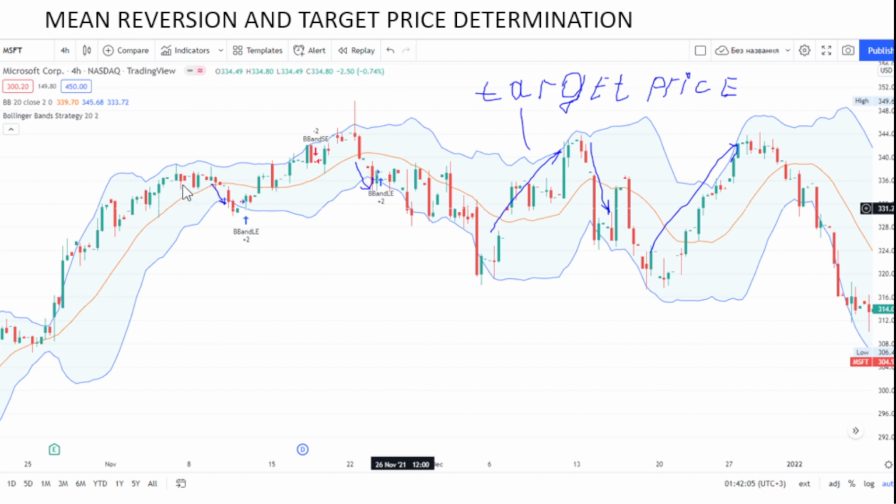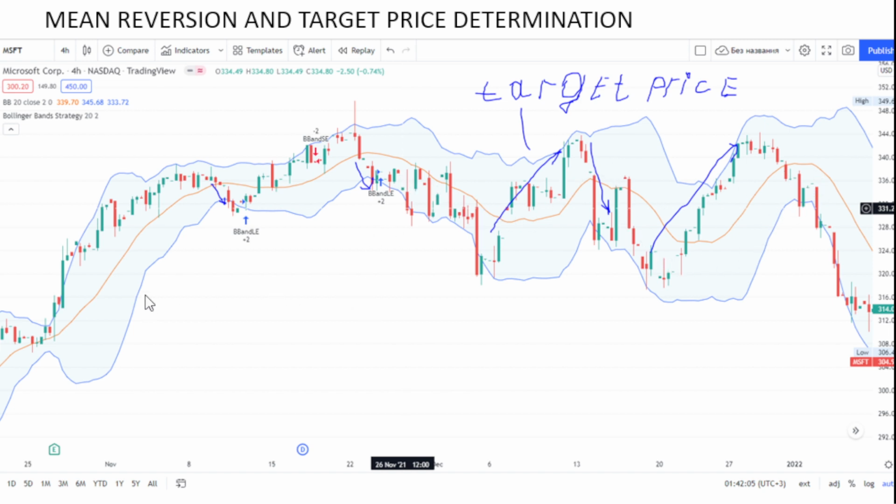You can see that once the price crosses this average, it goes beyond to the lower band, right? And then it bounces, goes up, and once it crosses its moving average line, it goes to the upper band, right? And then this pattern repeats again and again and again.